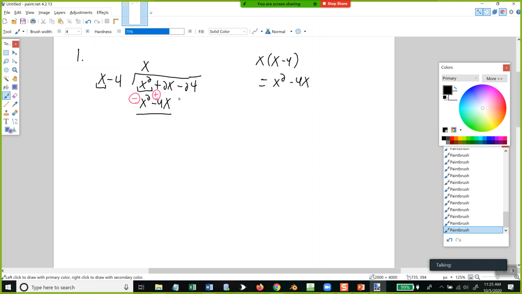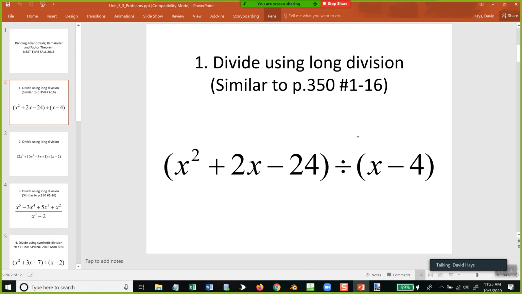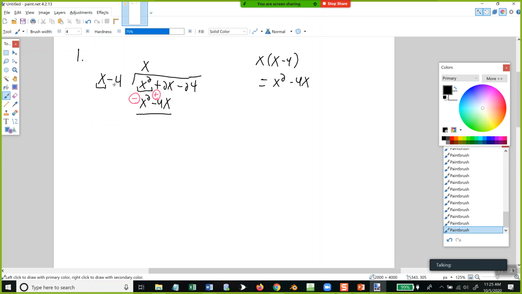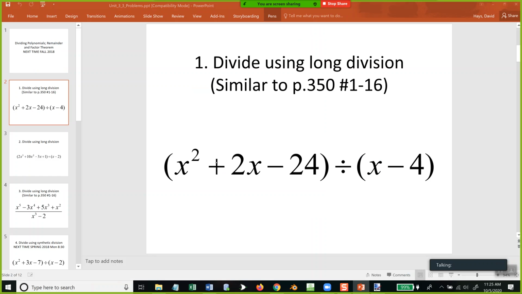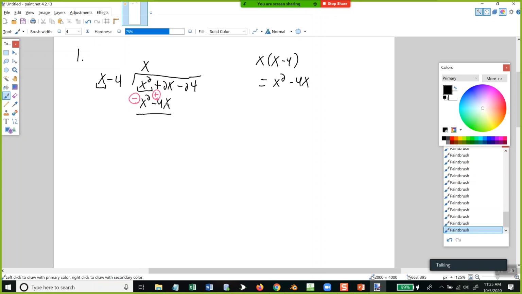What you are dividing by always goes in front. Now x squared minus x squared cancels away. 2x plus 4x is 6x minus 24.